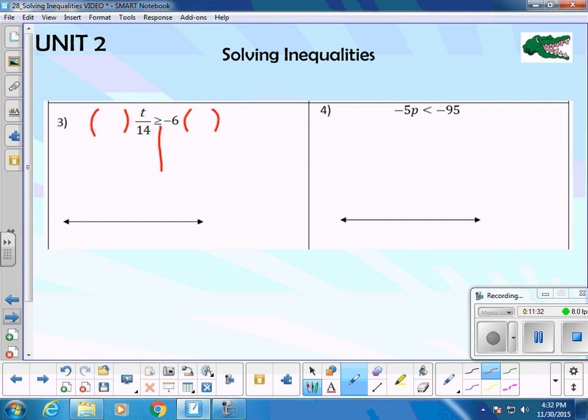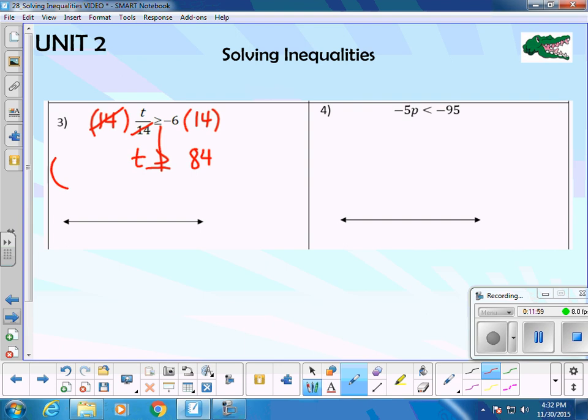So I'm going to multiply by the number that I'm dividing by, which is 14. 14 divided by 14 is just 1, so we have just t. Don't forget you're using an inequality symbol. I didn't divide or multiply by a negative, so my sign stays the same. And then I'm going to multiply 6 times 14, which is 84.